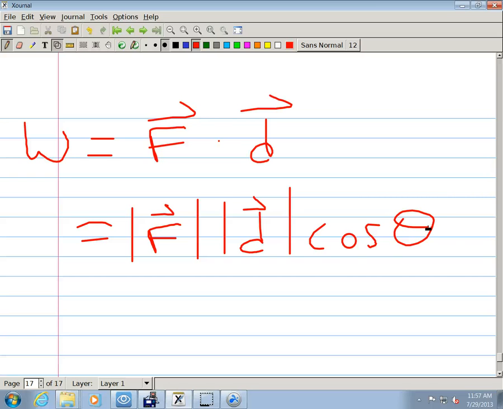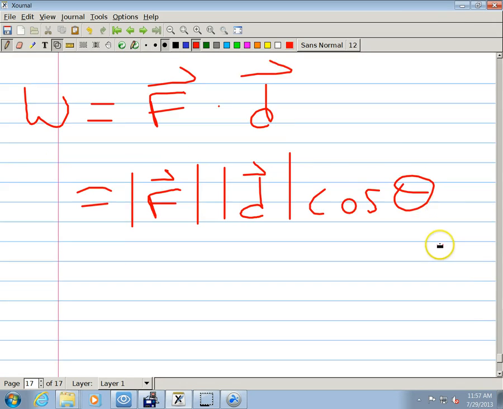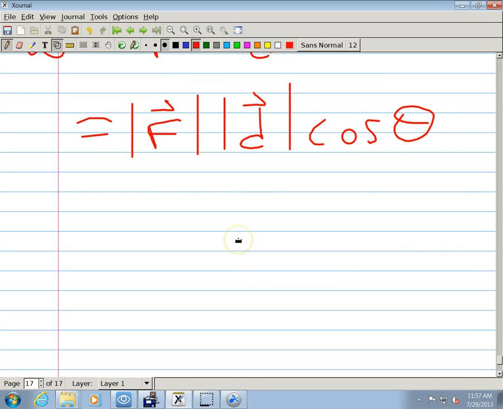But let's say, let's think about this. Let's say you're moving a 350-pound refrigerator. Now, notice this notation. These vertical lines, what does that look like? Absolute value. The absolute value of a vector is the magnitude. It's the r, like the r of r theta, okay?